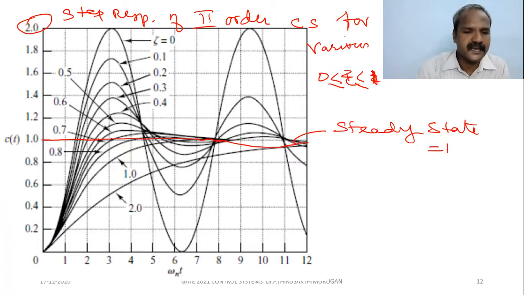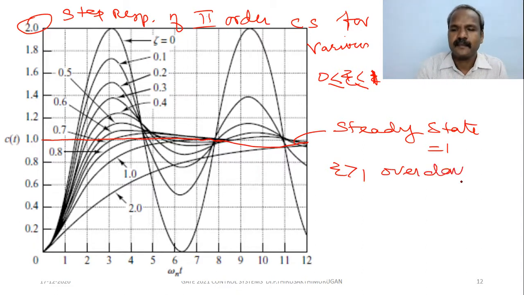So when zeta is more than 1, it is an overdamped system. So this is the overdamped response. This is the critically damped system.